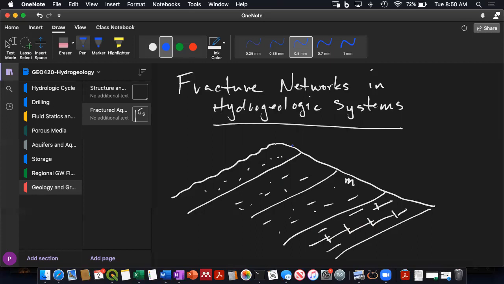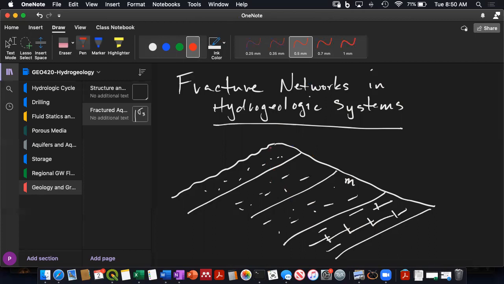It's been part of at least two mountain building episodes now, and so it's fractured. It's got a lot of fractures in it, and those fractures are not necessarily oriented parallel to bedding.